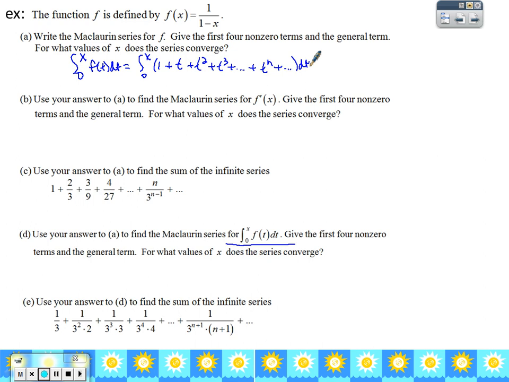Okay, so we're going to integrate the series that we created. Now they want us to use t's instead of x's, and that's fine. We'll do that. And now we're going to do our integration, our reversal power rule, and integrate those guys. So let's do that.